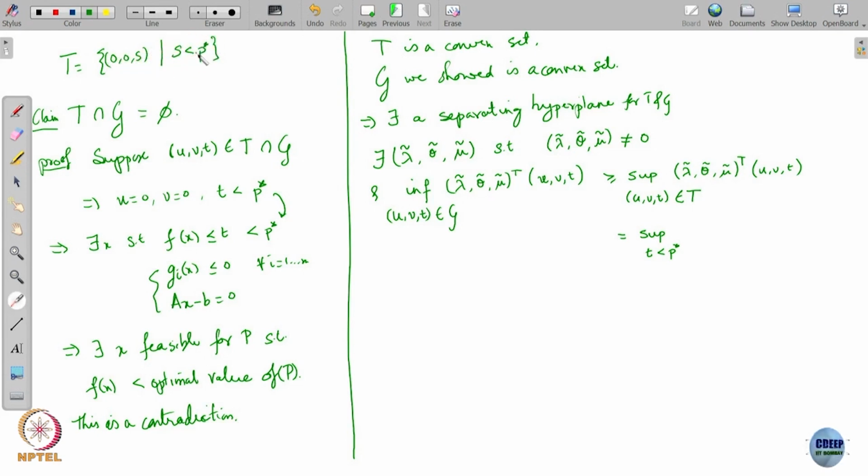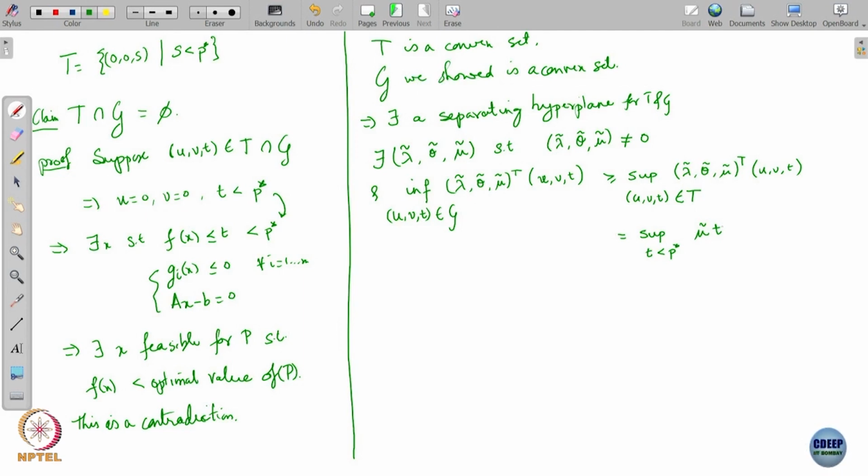Now, we are not yet in a position to evaluate this, but let us leave it at this particular stage.